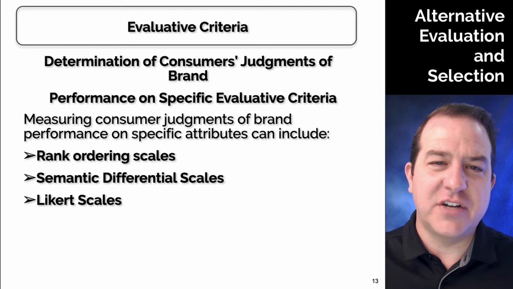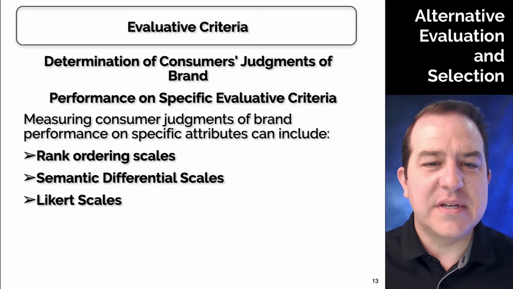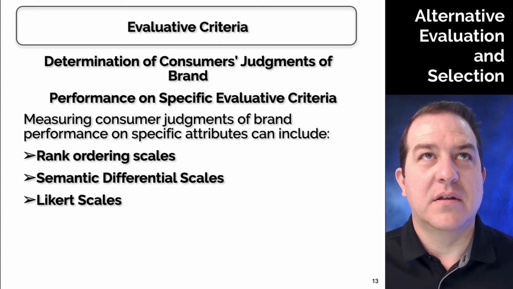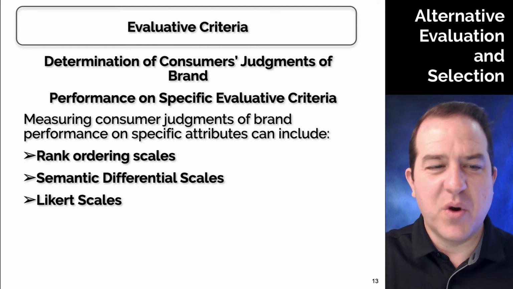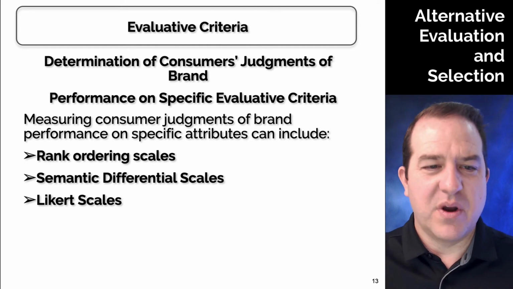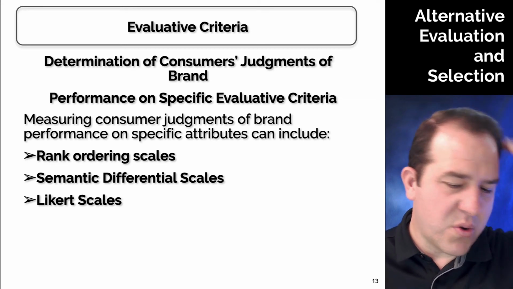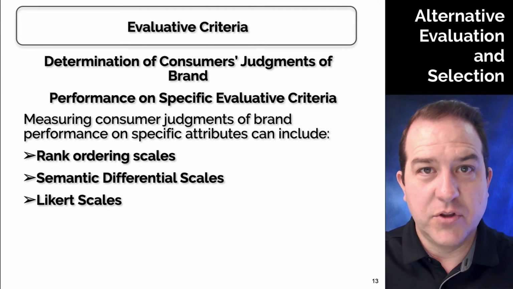Also, determination of consumers' judgments about brand. Well, let's get into the laptops a little bit here, and we can address that a little bit. But we're going to have rank ordering scales, semantic differential scales, and Likert scales. So those three different scales are ones that we're going to go through a little bit here.